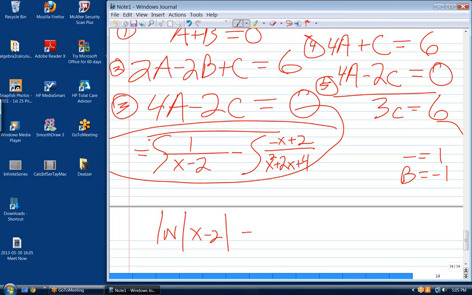I think this might be a complete the square. Yeah, it looks like. I think maybe we do have to break this up into x over that and then 2 over that.